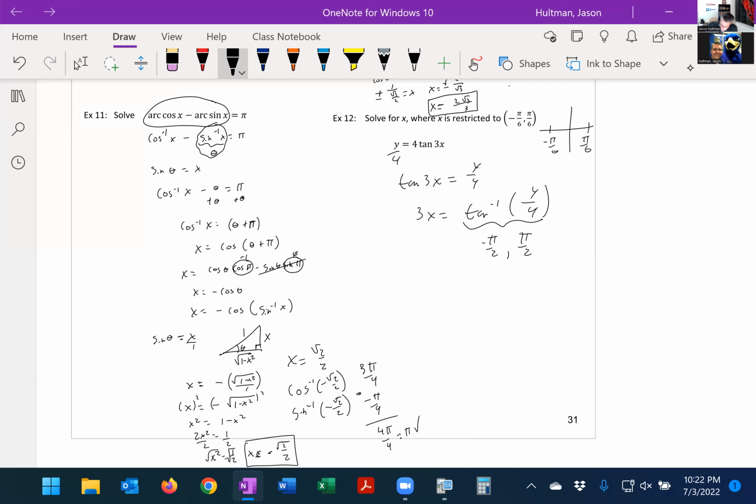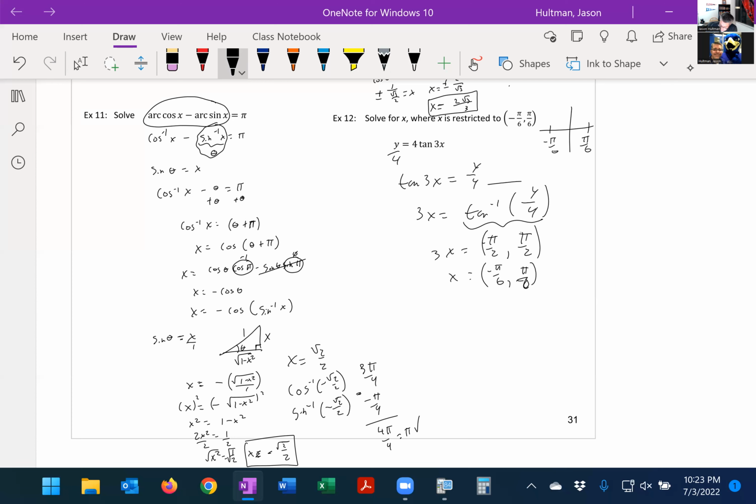If we were to divide by 3, 3x equals this thing, which goes from negative pi over 2 to pi over 2. Dividing by 3, it would go from negative pi over 6 to pi over 6. So x goes from negative pi over 6 to pi over 6. We were just checking the domain on that.